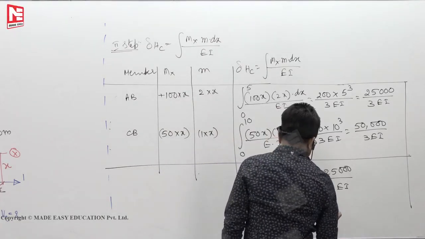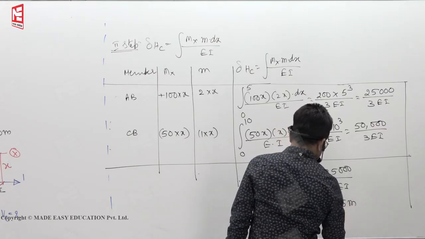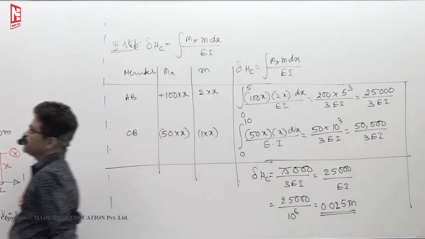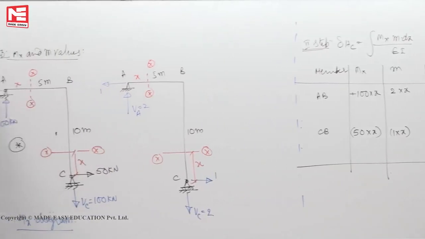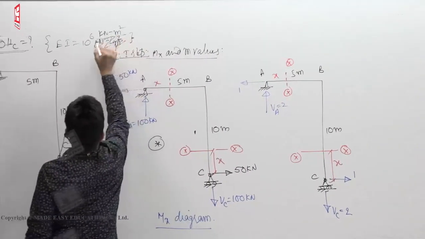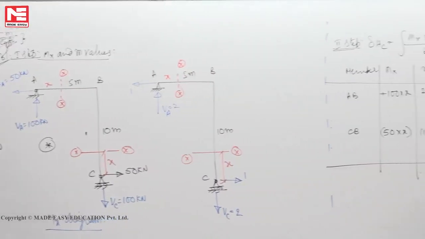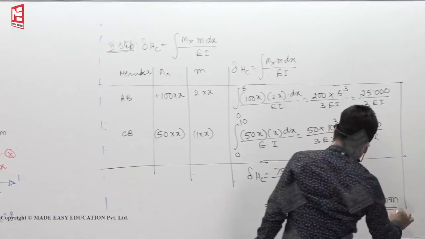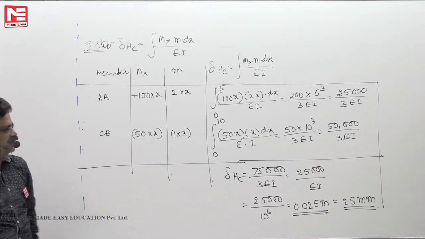So this value will get 0.025 meters. This value is 10 to the power of 6 kilonewton meter square. Now you will get here this value in meters. Now you can convert it as 25 mm. Okay. So this way, this is the scope of the problem.